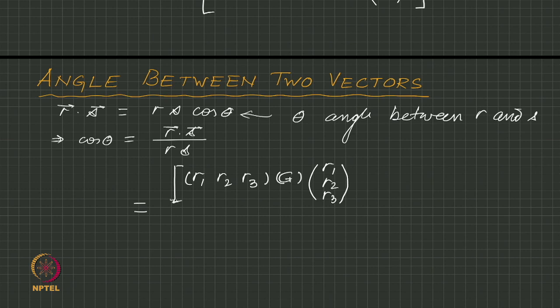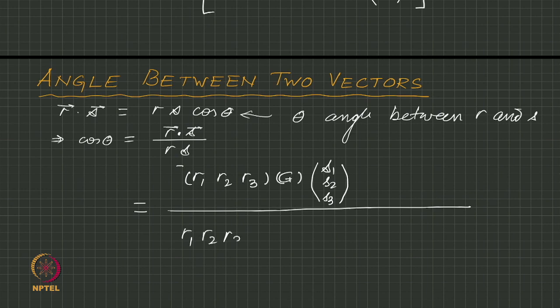This is R dot S. So, that is the numerator, and the length R will be the square root of R1, R2, R3 times G times R1, R2, R3, just like we saw.